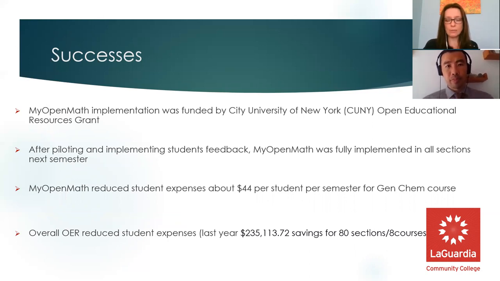The OER that's been newly implemented includes textbooks, lab manuals, and online homework assignments. So overall reductions of student expenses were more than $230,000 last academic year for about 80 sections and 8 courses.